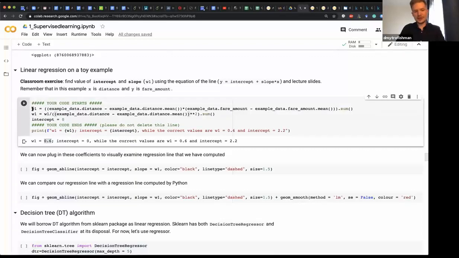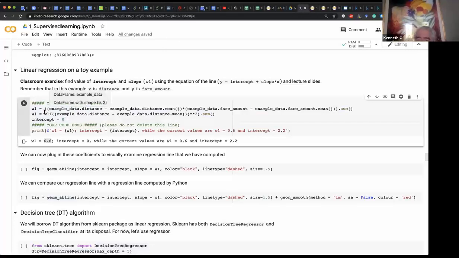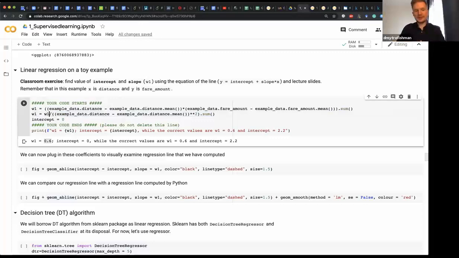It looked pretty creepy, to be honest, but it's the way you can calculate W1. Is it not W1 equals W1? It's on 2 lines. W1 equals W1 divided by some stuff. So we take this value here and divide it by this value.